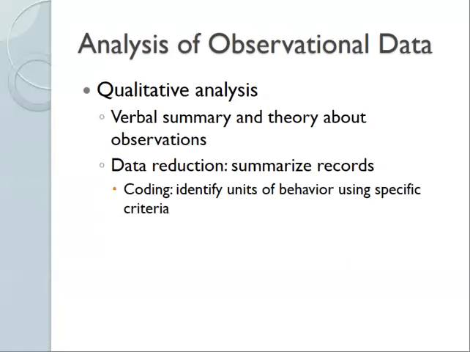You might do some coding, saying, I'm interested in these specific behaviors, so I'm going to go back and look for them. You might also do a content analysis of archival records, to see what information you can glean from them.